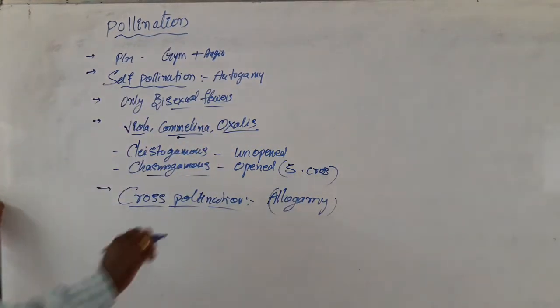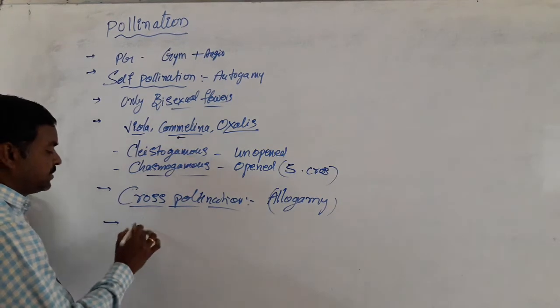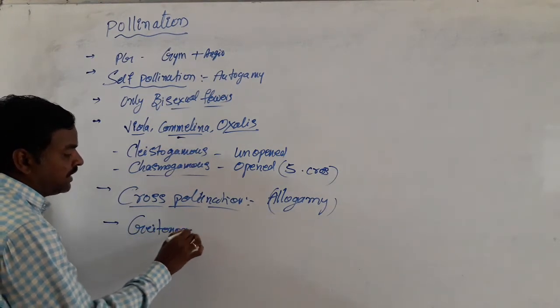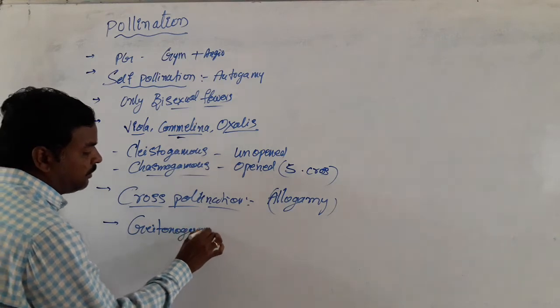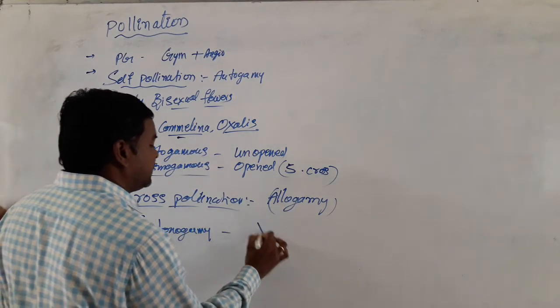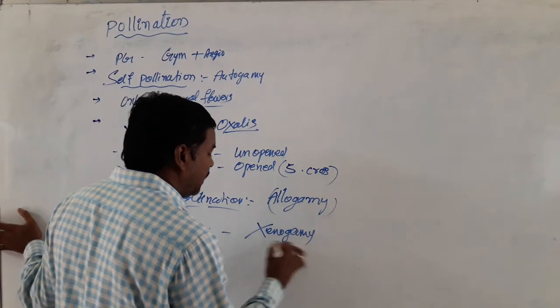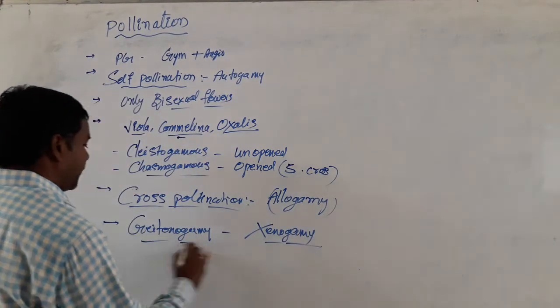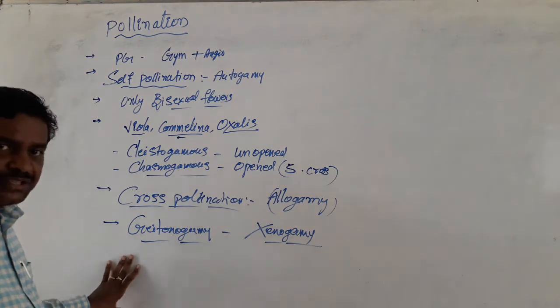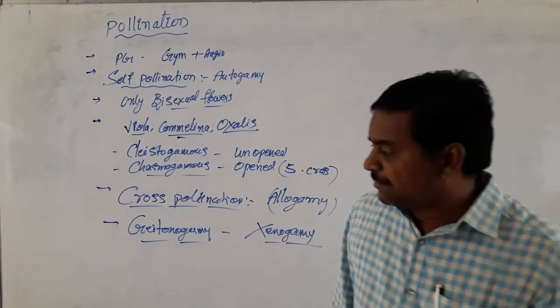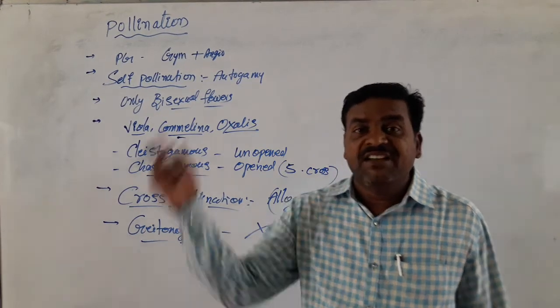Again, this cross pollination is of two types. One is geitonogamy, and the second one is xenogamy. Geitonogamy means the transfer of pollen grains from anthers to the stigma of another flower present on the same plant.